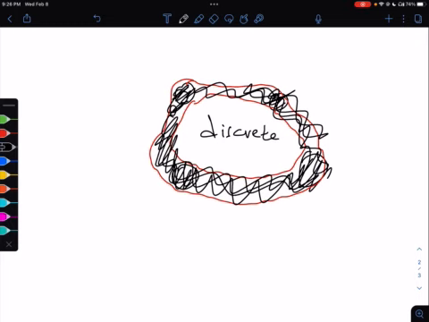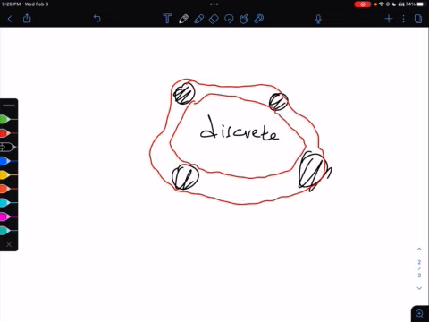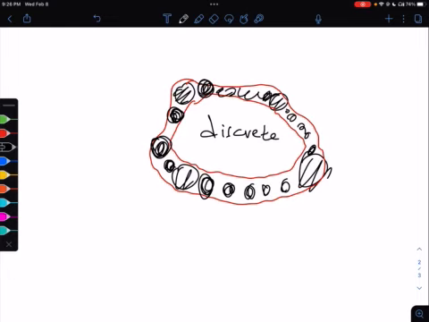If you could put an infinite number of balls in here, some big, some small, if you squeeze them all in here like this, we wouldn't really call this discrete anymore. If it's really jam-packed full, we would call it continuous.